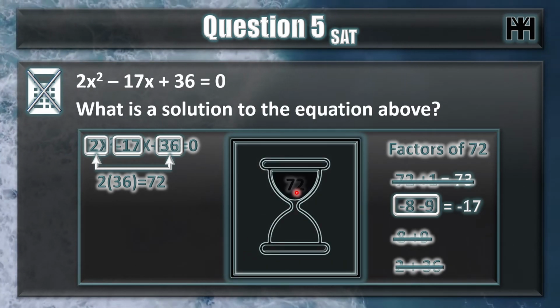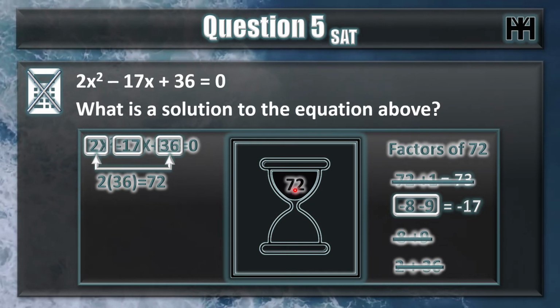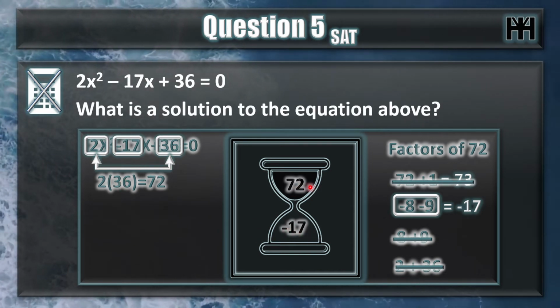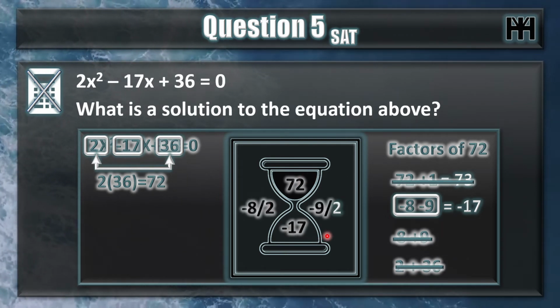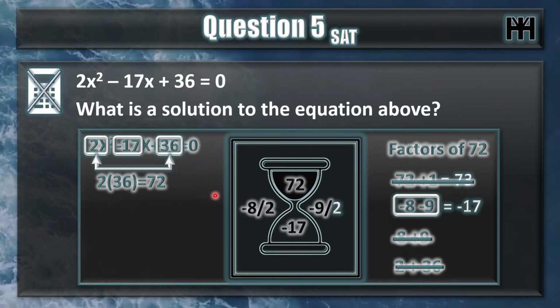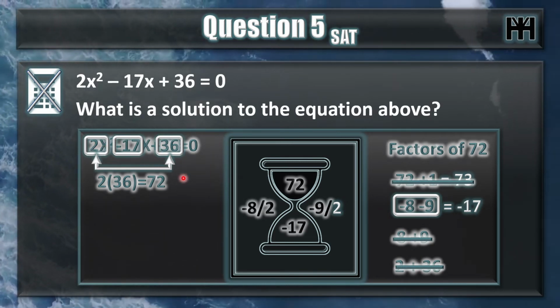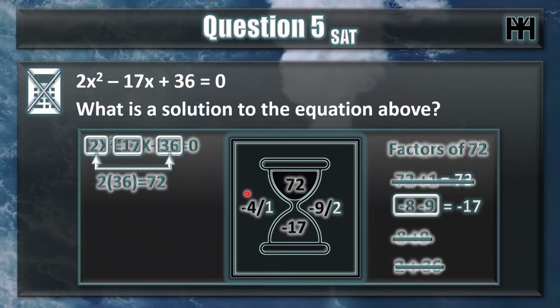Let's write it here. We have the 72, the 2 multiplied by the 36, and we need to get negative 17. So we need two other numbers. The negative 8 we will divide by 2, the a, the coefficient of x squared, and the negative 9 will also be divided by 2. So negative 8 divided by 2 is negative 4 over 1.